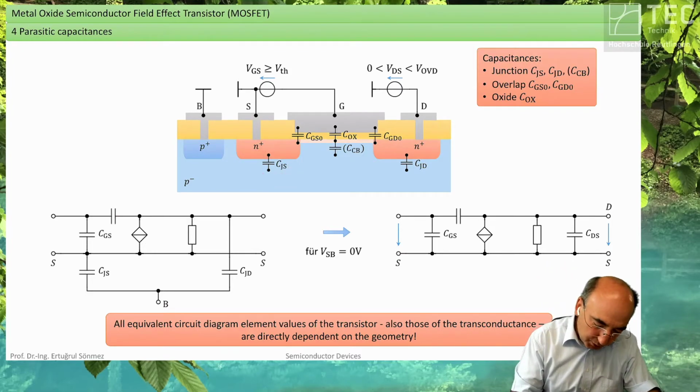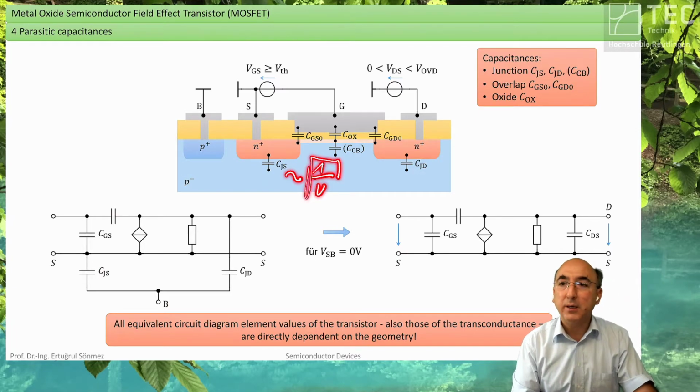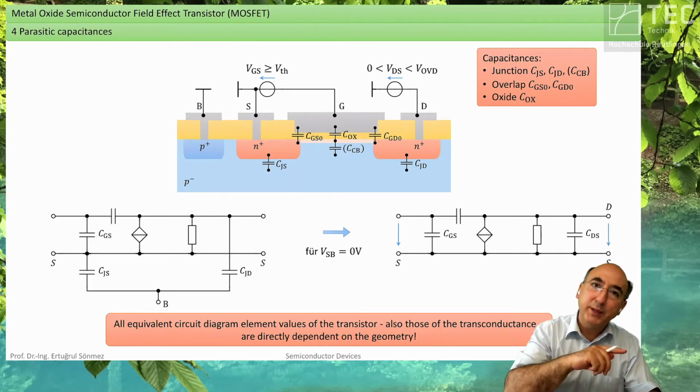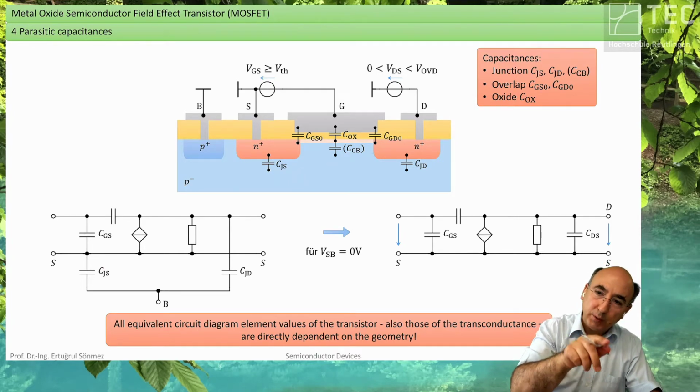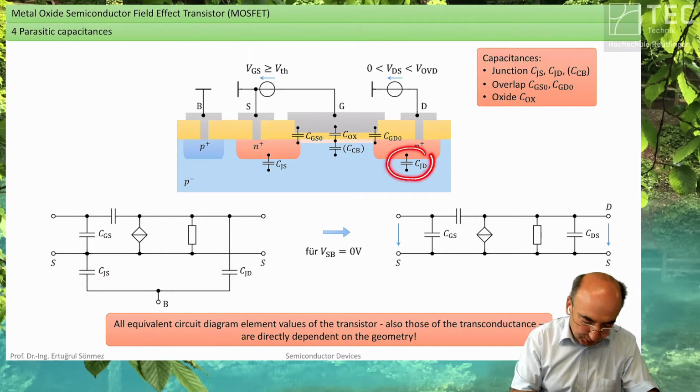And what is the proportionality of the space charge capacitance to the voltage? It is 1 over the square root of the voltage. You remember? If not, just repeat it by going back to the PN junction page. But this junction capacitance remains.